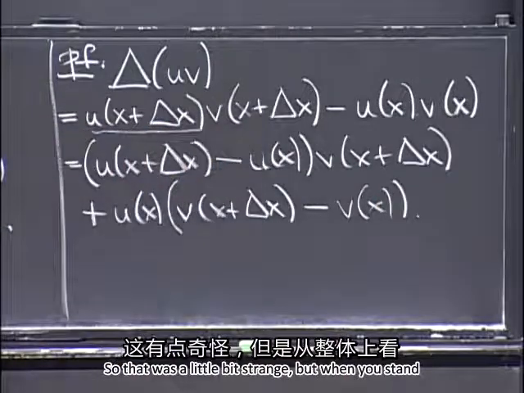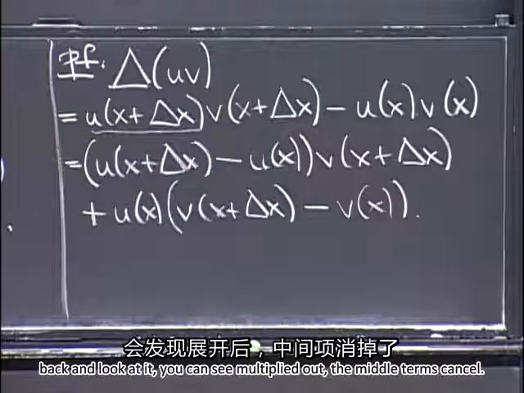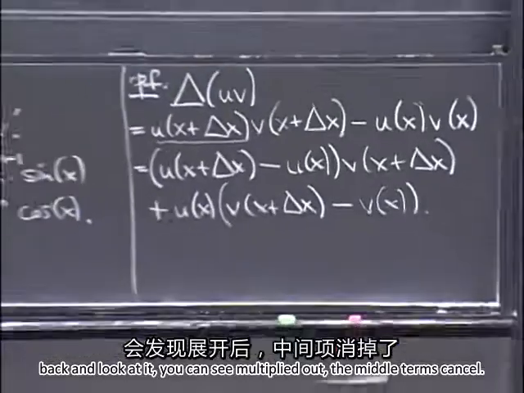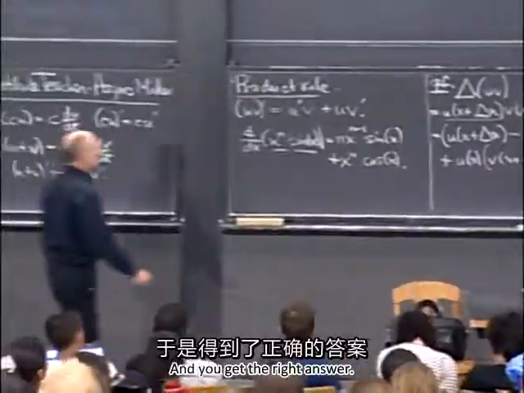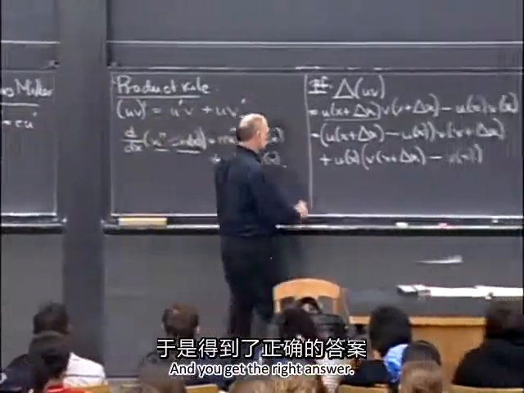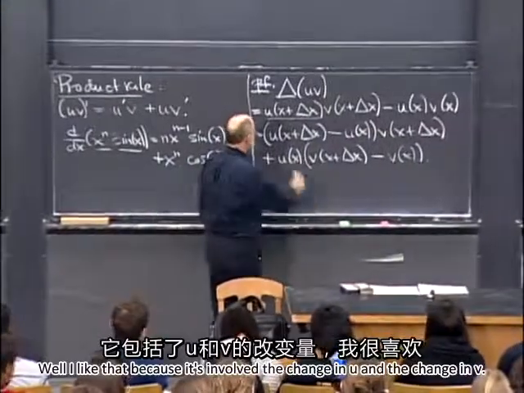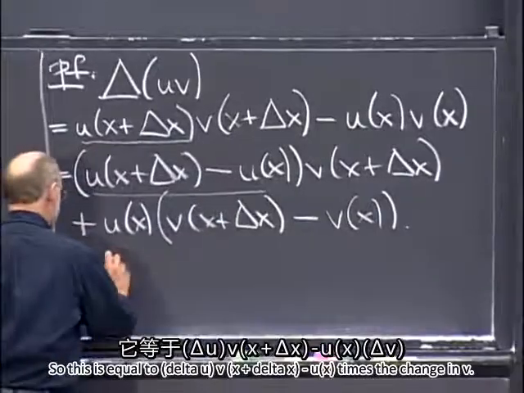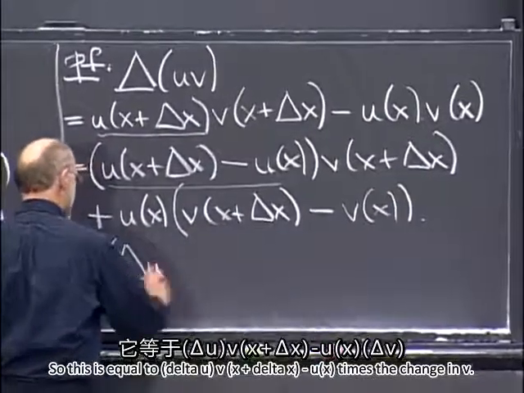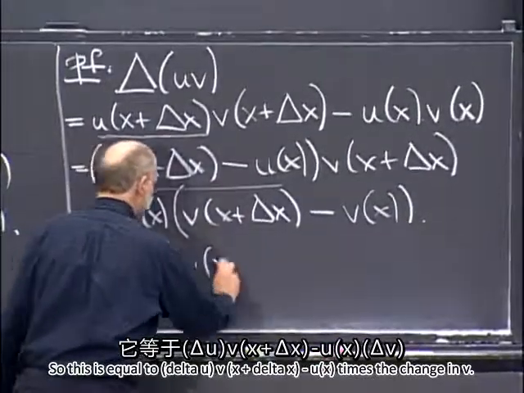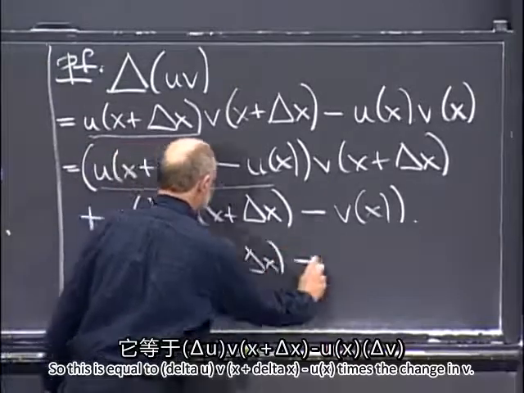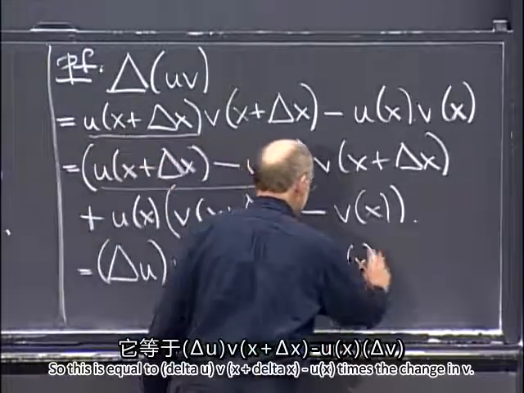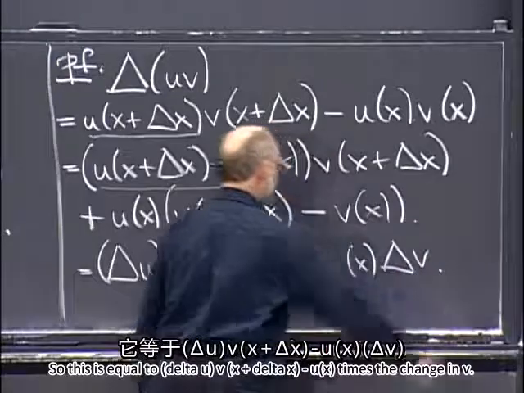So that was a little bit strange, but when you stand back and look at it, you can see, multiply it out, the middle terms cancel, and you get the right answer. Well, I like that because it involves the change in u and the change in v. So this is equal to delta u times v of x plus delta x minus u of x times the change in v.